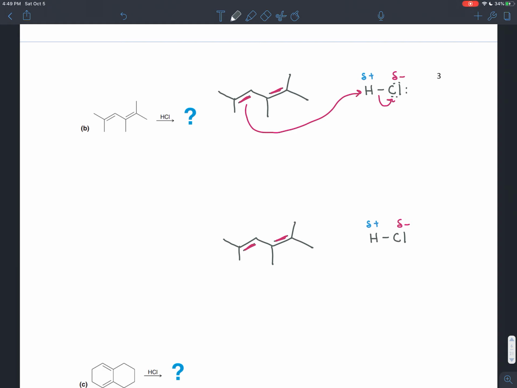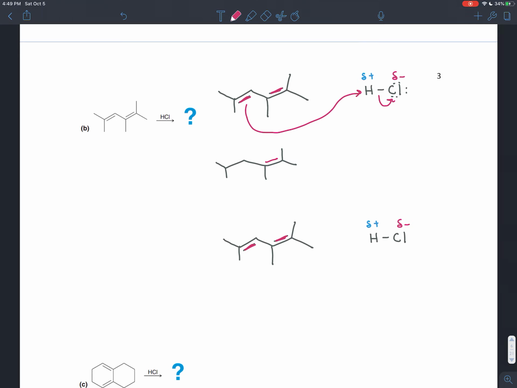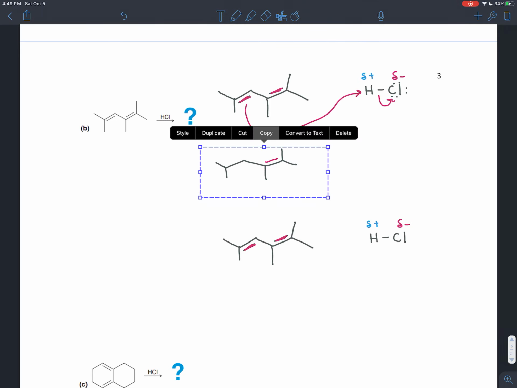And when we see that, we end up with the hydrogen actually going where you might not at first expect. So you would have that pi bond there.